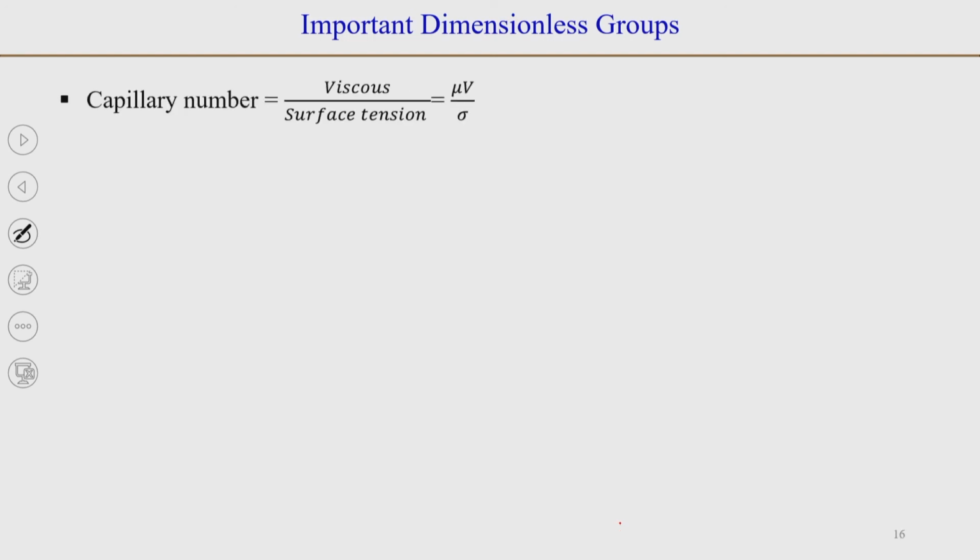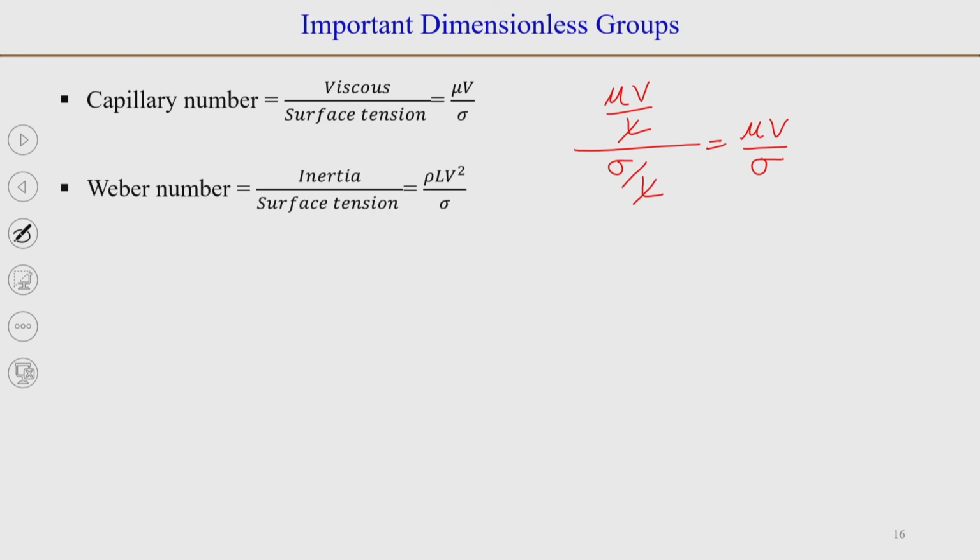Now, capillary number is the ratio of viscous and surface tension effects. So, viscous effect, again viscous stress mu V over L, and surface tension sigma over L. So, L will cancel out and you will have mu V over sigma. So, as we saw, it compares viscous and surface tension effects, the capillary number. So, when the viscous effects are important around bubbles and droplets, we should be looking at capillary number.